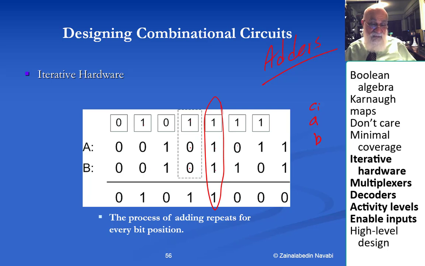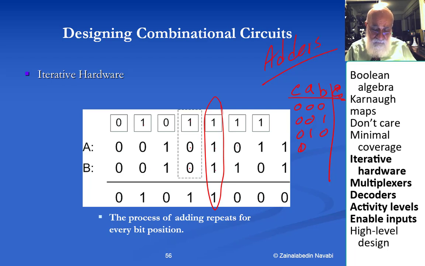What it means is each one of these slices can be done by a truth table that has a carry input, an A input, a B input. Okay, let me put carry. And it has a sum and a carry output. Okay? And then I'm repeating this process for all these numbers.